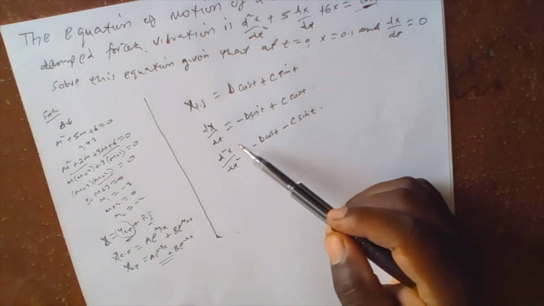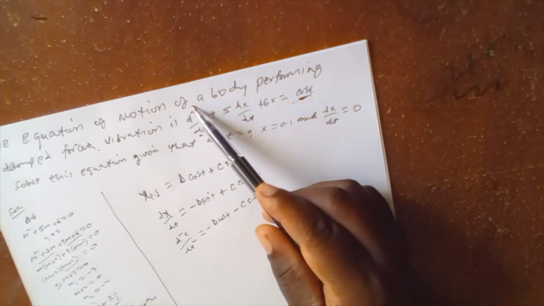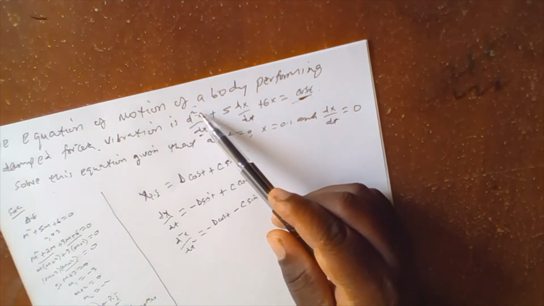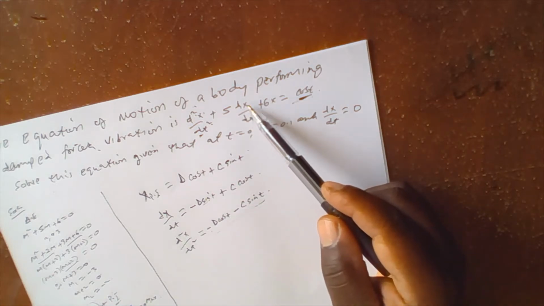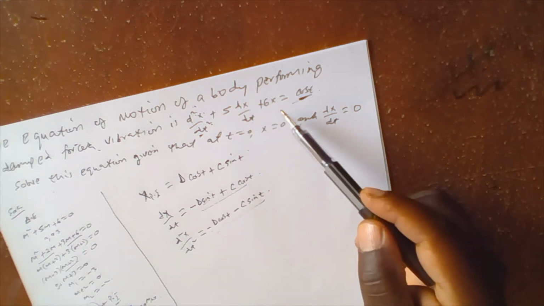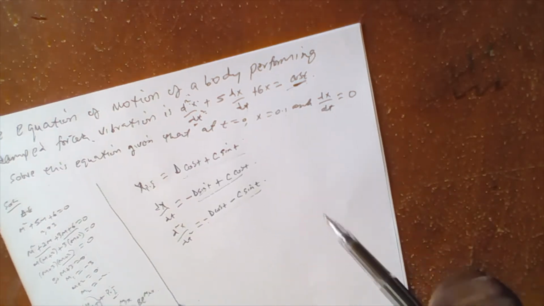Once we have differentiated this, we come back and substitute in this equation. Where there is d²x/dt², we replace with this one. Where there is dx/dt, we replace with this one. Where there is x, we replace with this one.